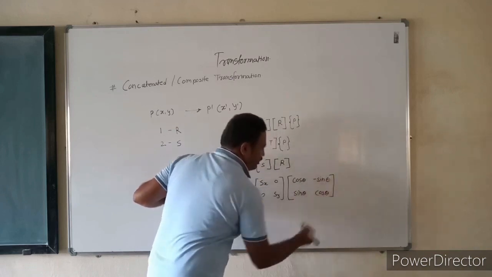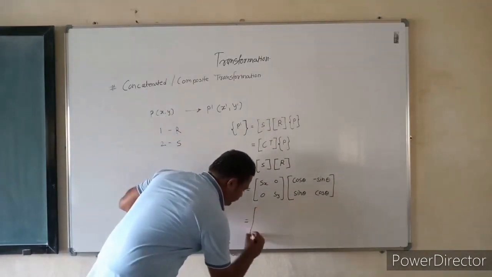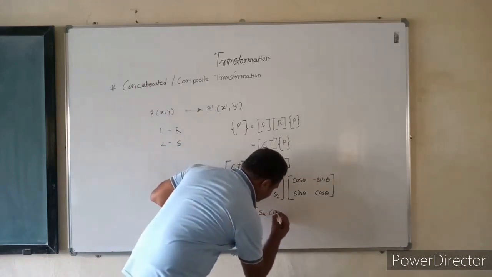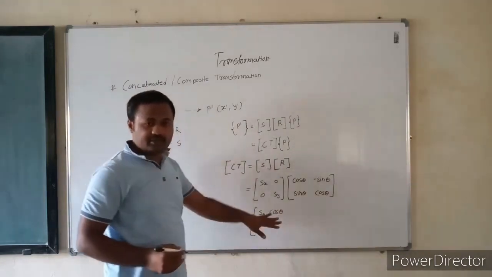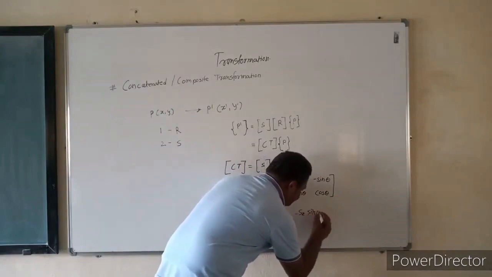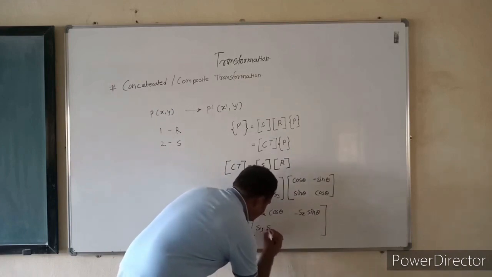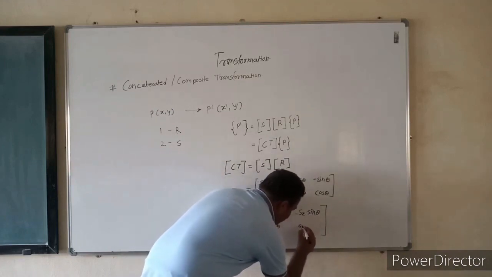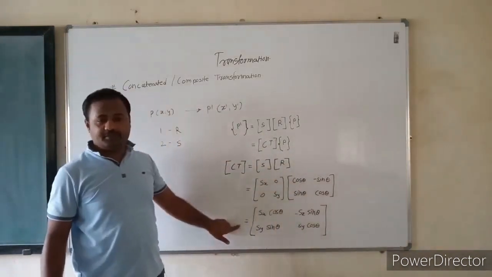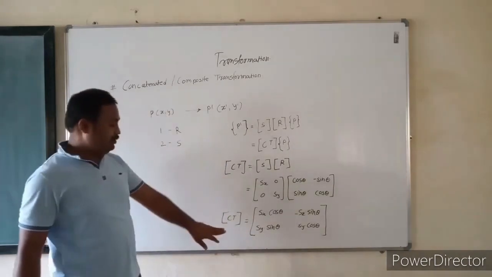Then CT becomes Sx cos theta, minus Sx sin theta, Sy sin theta, Sy cos theta. It's a new matrix, the composite matrix CT.